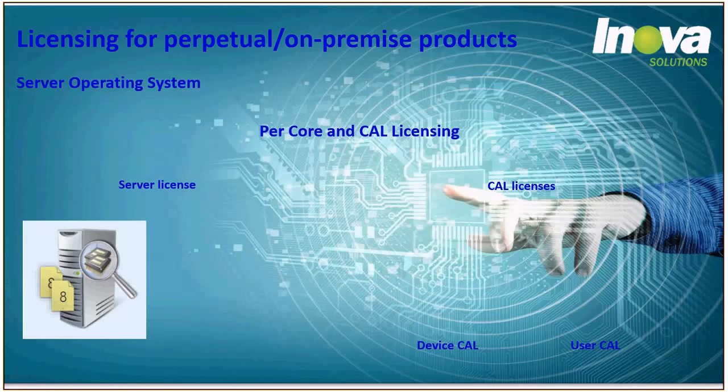This is how Microsoft has structured the license for the servers now. Previously, it was done through a processor model where you would license based on the number of processors within the server. Now, Microsoft has moved to a core model, which takes into consideration the number of cores that are on that server.